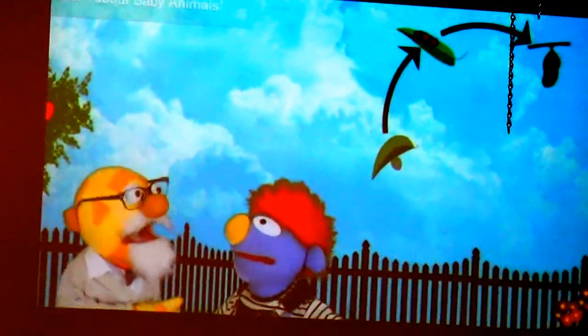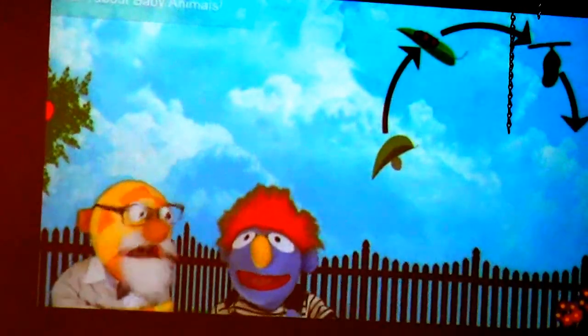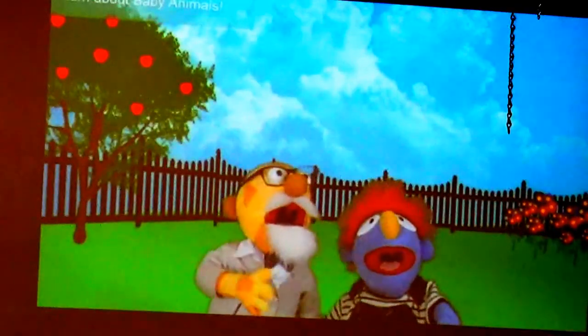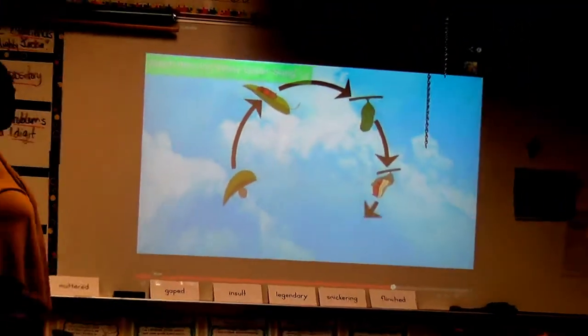Inside the chrysalis, it continues to grow, and it forms its wings and its antenna. And when it comes out of the chrysalis, it is a... Butterfly! Yes! Wow! So it's like magic. It goes into a chrysalis, like a little room that covers it, and then it turns into a butterfly.